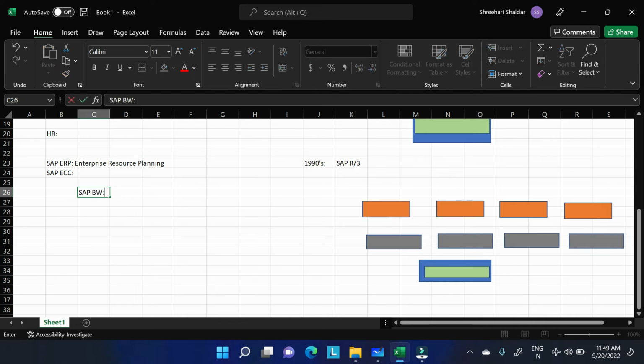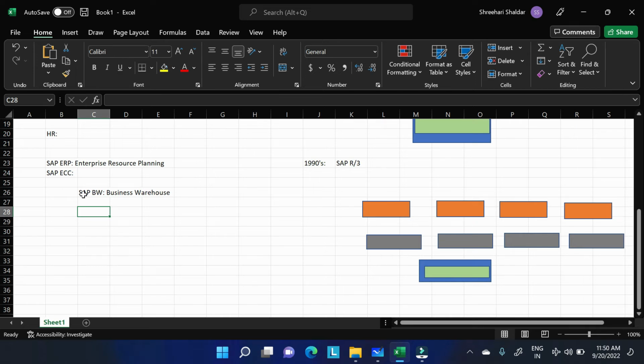SAP expanded really fast in the 1990s, and they came up with SAP BW, which is nothing but Business Warehouse. Here the historical data is stored within the business warehouse, and they use this data for analytical reporting. Analytical reporting is a very important thing when working in SAP. Based upon this data they can analyze future approaches.